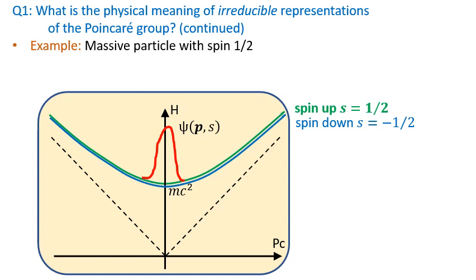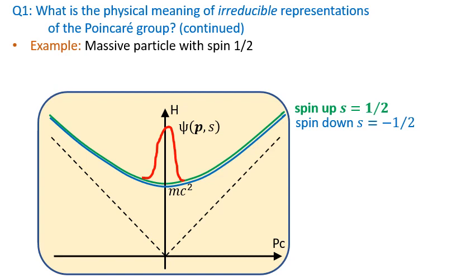Similar considerations apply to particles with spin 1/2. In addition to momentum, the states of such particles are distinguished by their spin, which can take values 1/2 and -1/2. We can also say that instead of one mass hyperboloid, wave functions are now defined on two equal mass hyperboloids, one for spin up states and another one for spin down states.